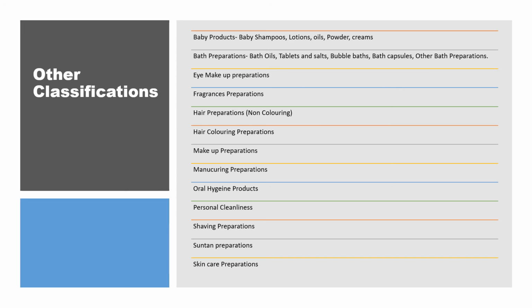And cosmetics can also be classified as makeup products like blushers, face powders, lipsticks, rouges, or manicuring preparations like base coats and undercoats, cuticle softeners, nail creams and lotions, nail extenders, nail polish and enamel removers, and oral hygiene products. They can be classified into dentifrices, which may be in the form of aerosols, liquids, pastes and powders, mouthwashes and breath fresheners, and other oral hygiene products.